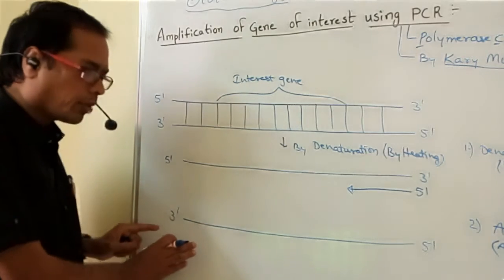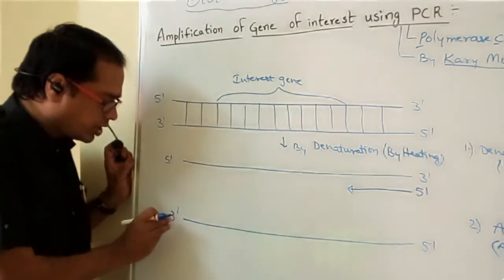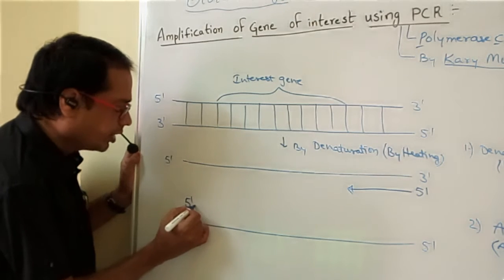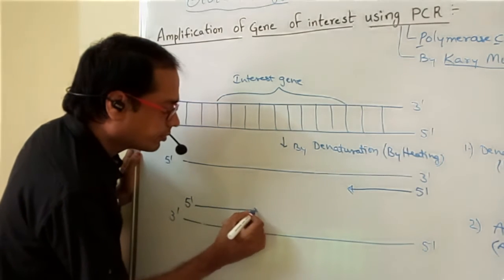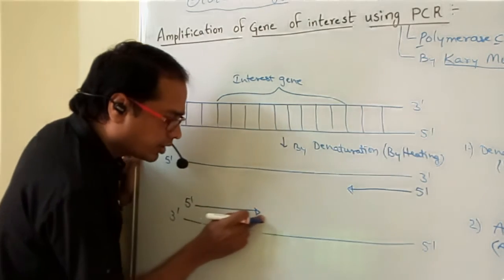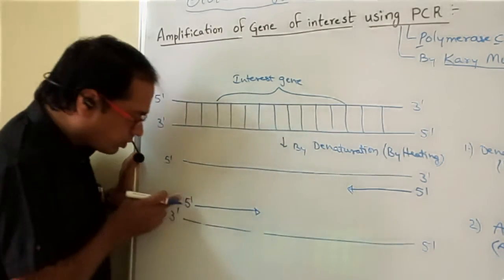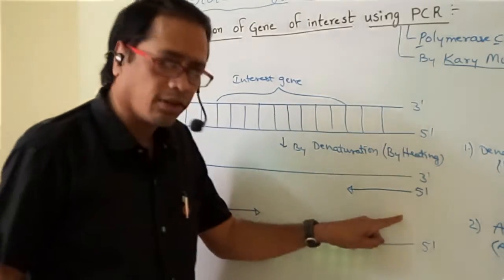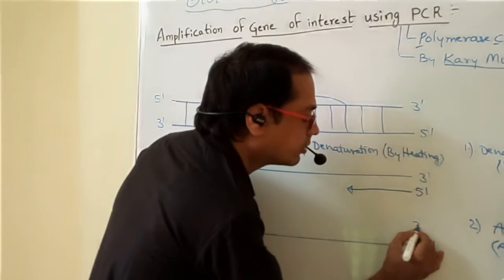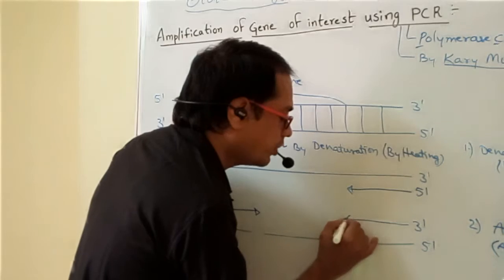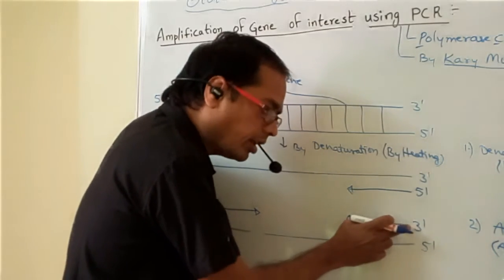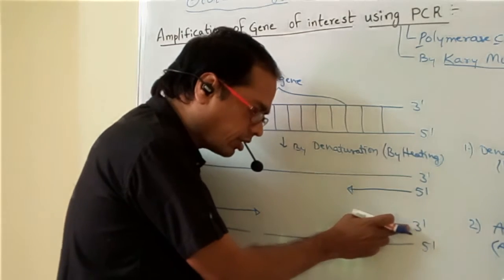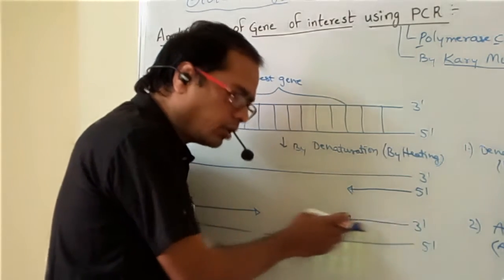Now look here, my dear students. This is the 5 end. If it is the 5 end, it goes like this. That means what direction? 5 to 3. Do not attach here. If you attach this primer here, this is the 3 end, and it goes like this, 3 to 5.